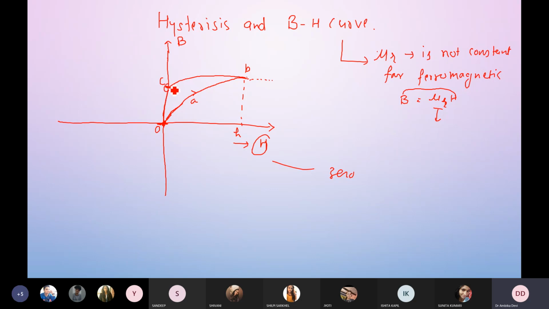At this point, this sample has become a permanent magnet, because you can see the magnetic field is zero, but still the sample is magnetized. The sample is behaving like a permanent magnet. This value of B at this point C, even when the magnetic field is zero, is called residual induction.